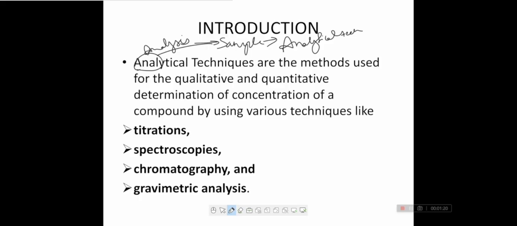There are more types of analytical techniques, like microscopy, which is also an analytical technique. Chromatography, not chromatography, actually chromatography is a separation technique, not for analysis.